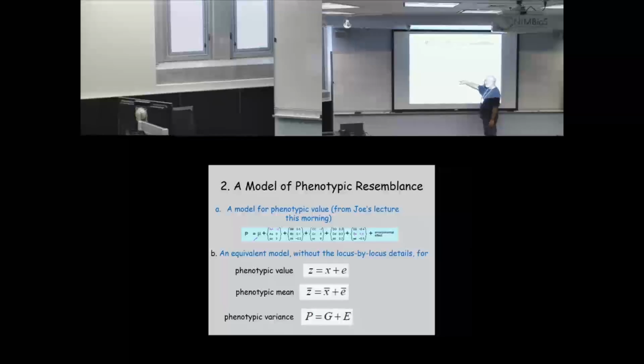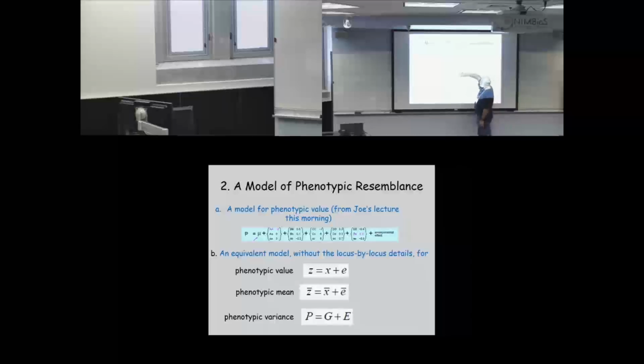We're going to call the additive genetic value X, and it's going to be the sum. Remember, Joe did this in one of his steps. So at each locus, let's take the additive effect of that locus, and we're going to add those all up, and that sum of those additive contributions we're going to call X. And that is also known as the breeding value for this particular trait, the sum of additive effects.